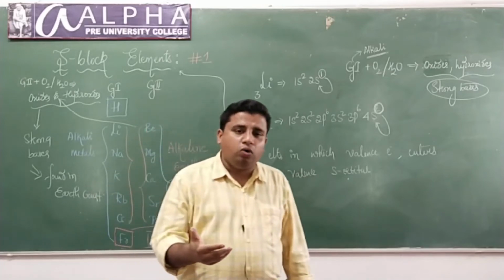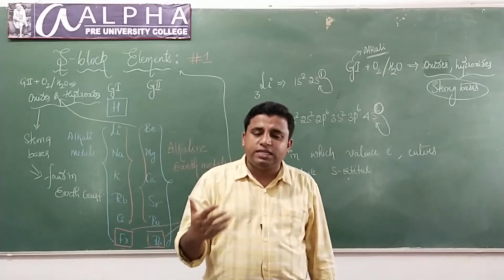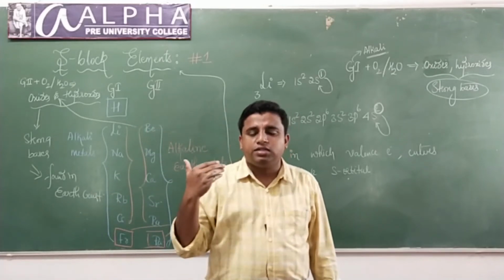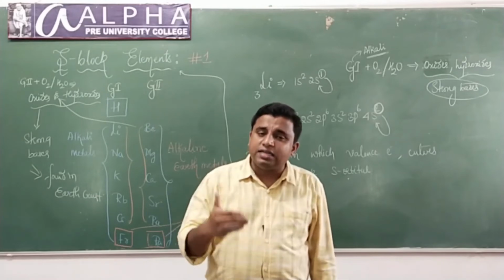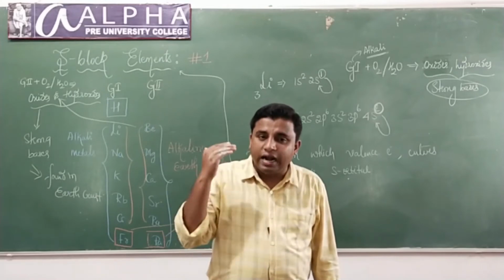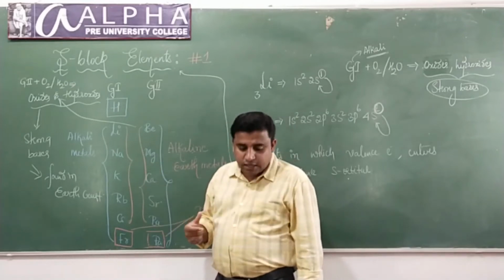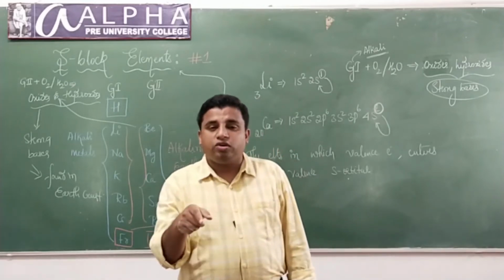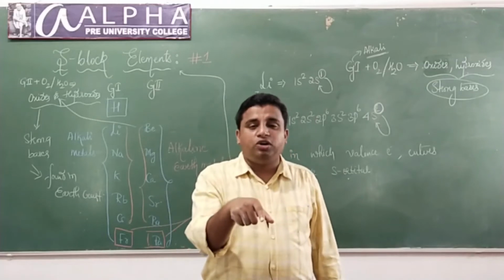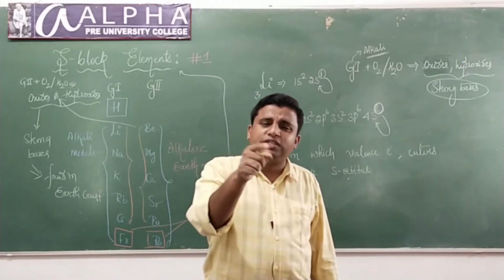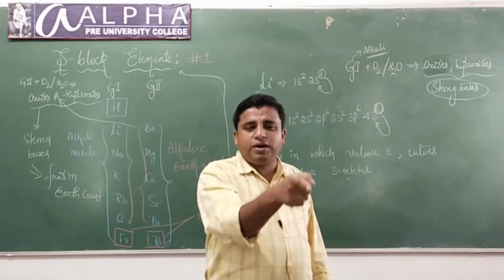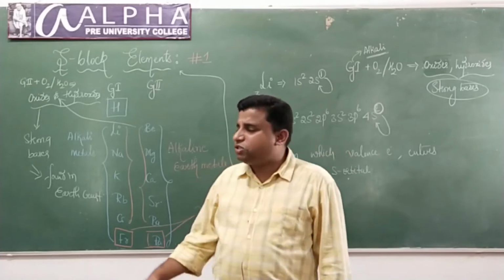Before we talk about the physical properties, let us understand the electronic configuration of these two groups of elements, because it is the arrangement of electrons which gives rise to the physical and chemical properties of these elements.